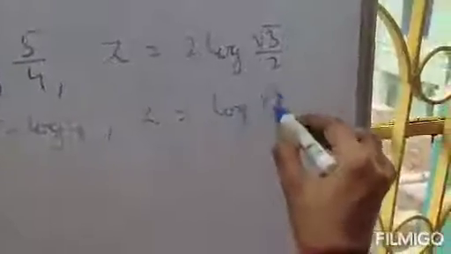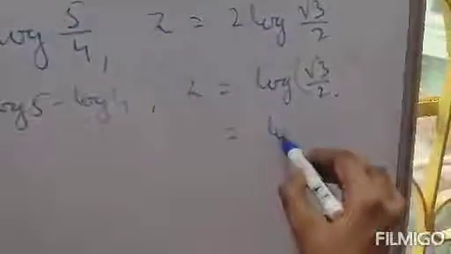The 2 becomes the power, so it will be log 3 by 4, since the square of root 3 by 2 is 3 by 4. So log 3 by 4 means log 3 minus log 4, applying the quotient formula like x and y. So log 3 minus log 4.